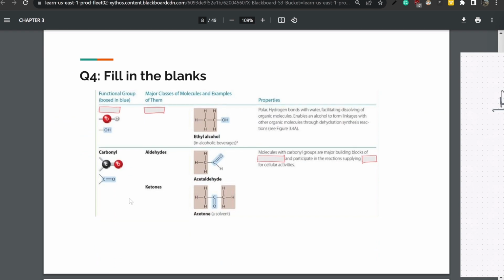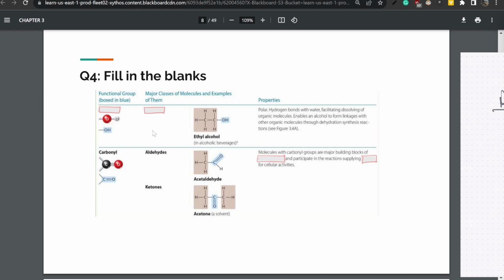Fill in the blanks. Micromolecules with carbonyl groups are major building blocks of and participate in the... What kind of question is this? Okay, whatever. So this is a hydroxyl. Major classes. Oh shoot. See, this I never bothered to memorize.